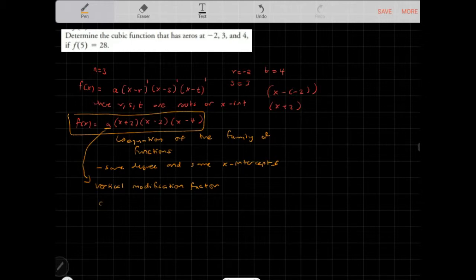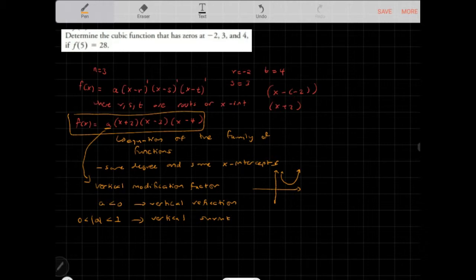For instance, first of all, if a is less than 0, there is a vertical reflection, right? You can recall this when you study transformations. When a is greater than 0 but less than 1, if a is a fraction, we have a vertical shrink. So a vertical reflection means this is your original graph, right? Sorry about that.